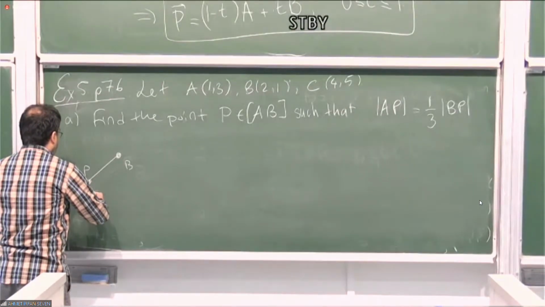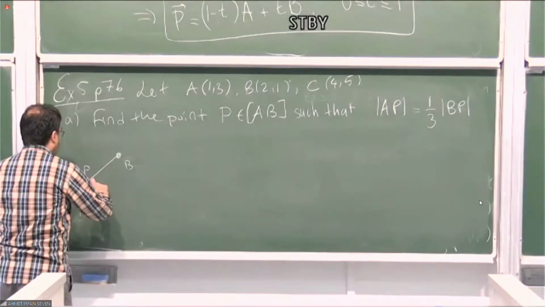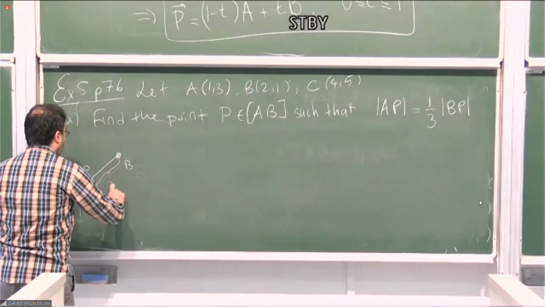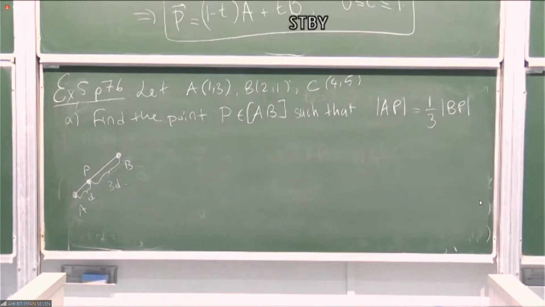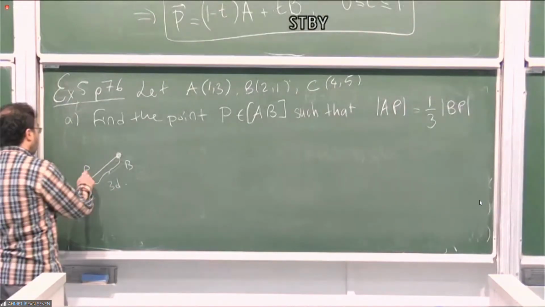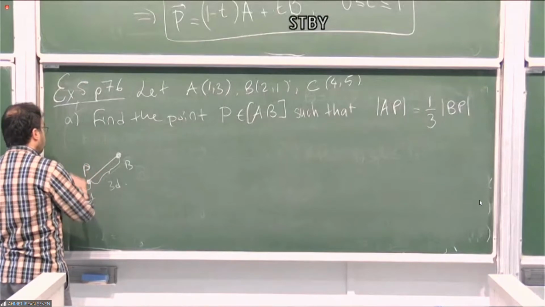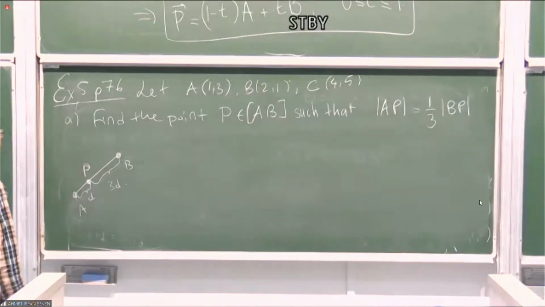So if this distance is d, this distance will be 3d. Okay. So what should be P?